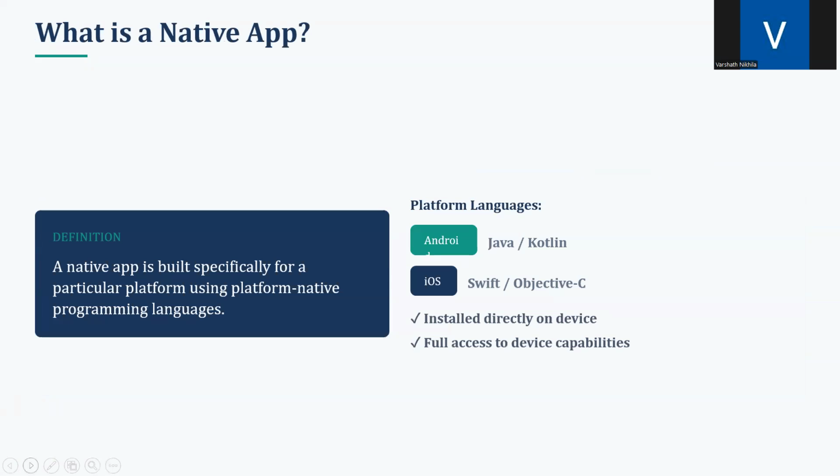So, what is a native app? It is one of the most important units in application development because it explains how real world mobile apps like WhatsApp, Instagram, Google Pay, and banking apps are built. In today's digital world, mobile phones are not just communication devices.